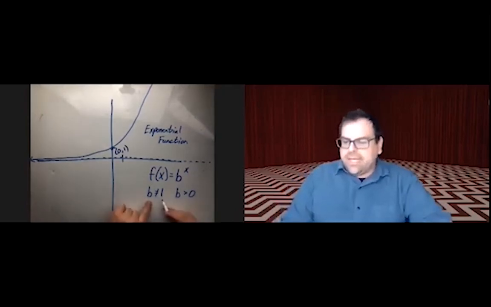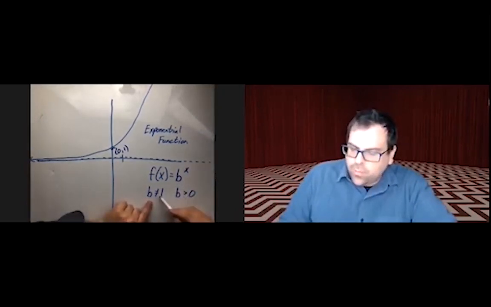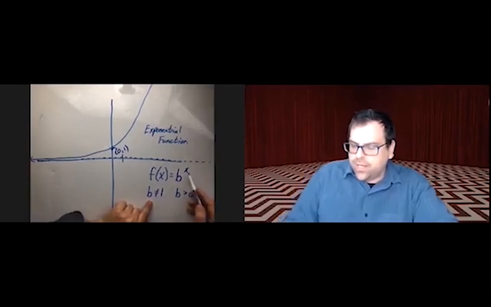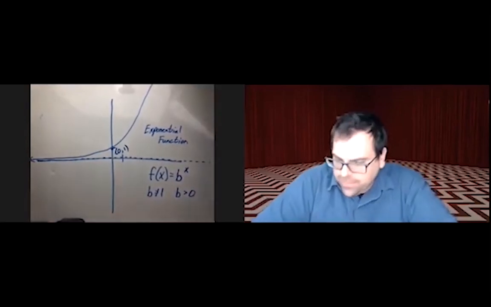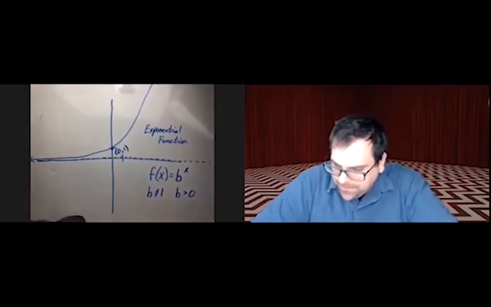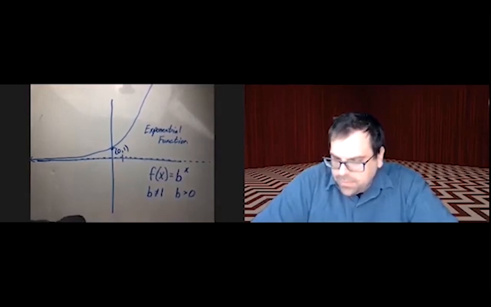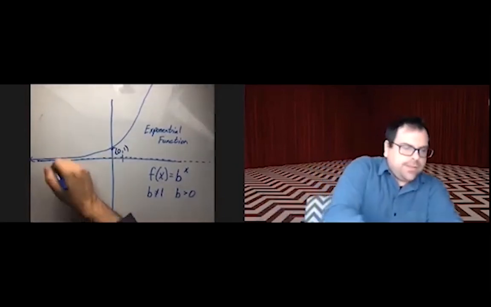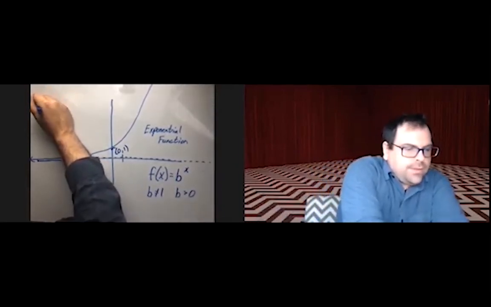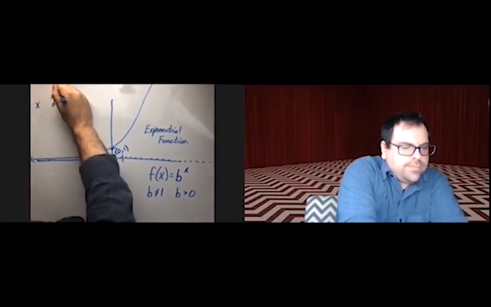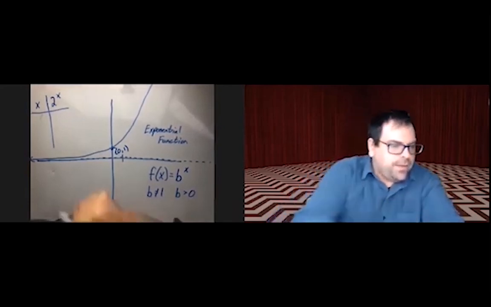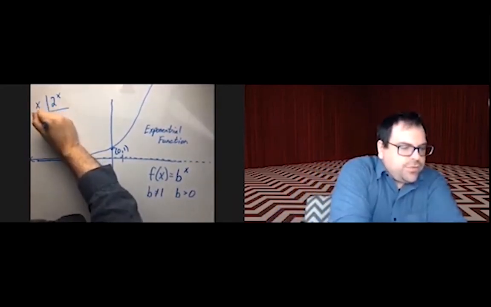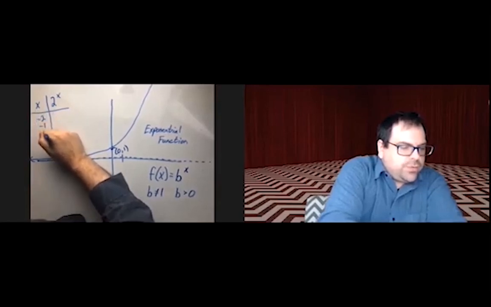The reason b, our base, can't be 1 is because 1 to any power is 1. It wouldn't look like this. It would be a horizontal line through 1. But let's imagine it was 2 to the x, and for x equals -2, -1, 0, 1, and 2.